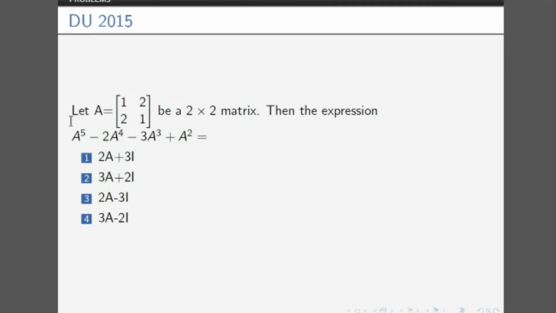Okay. Next question. It is not from the JAM exam. It was given for the Delhi University entrance exam for 2015. We have a 2 by 2 matrix, 1, 2, 2, 1, and we are given an expression. We are asked to find the RHS of that expression.